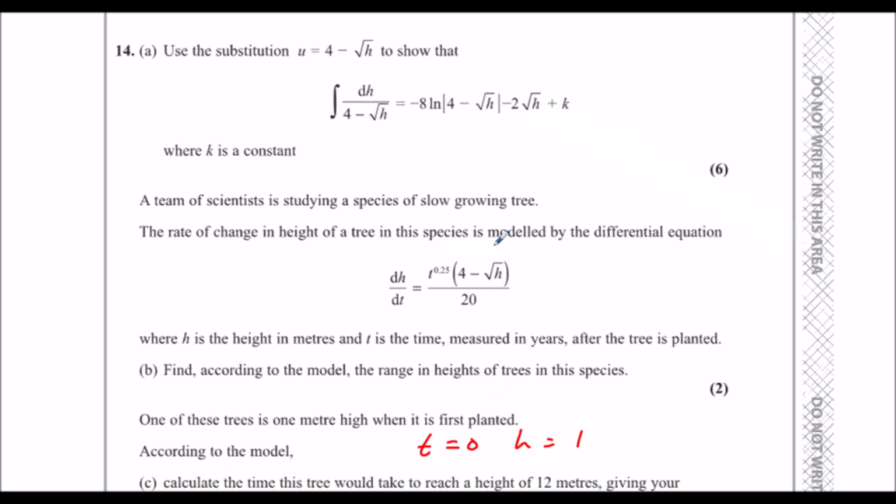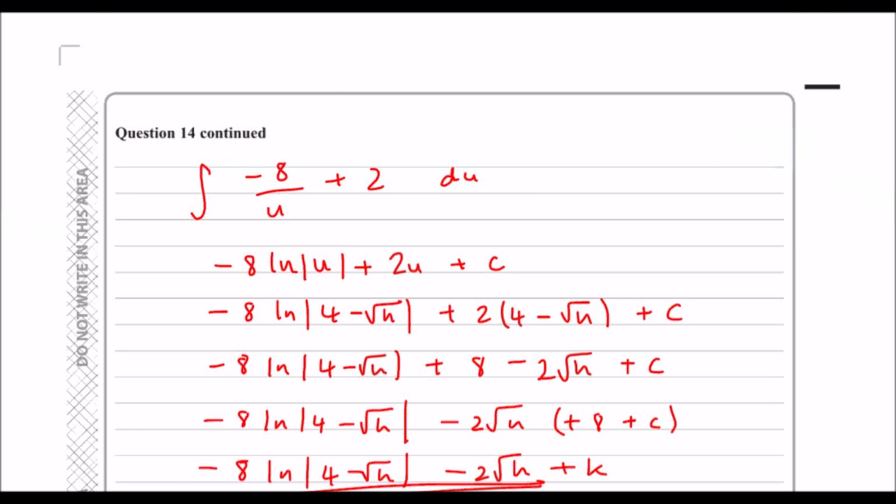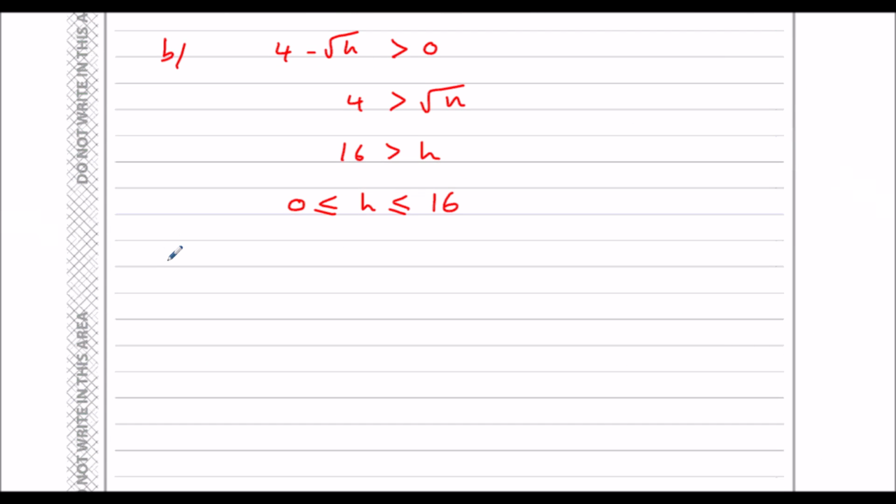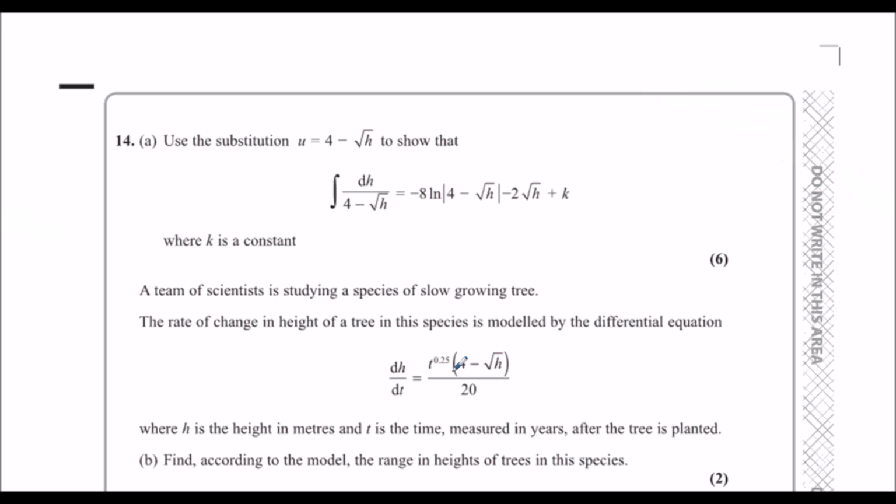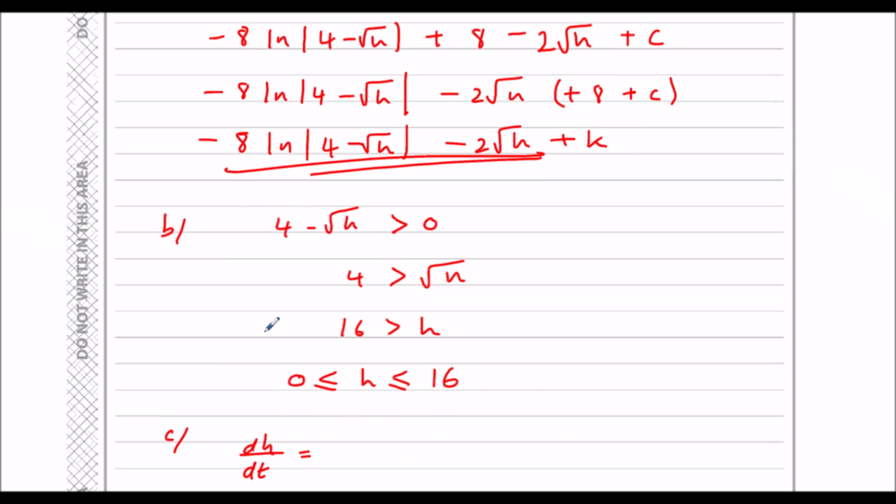You can see that there's a similarity between these two. So let's write this out. dh/dt is equal to t to the power of 0.25 times 4 minus root h over 20.